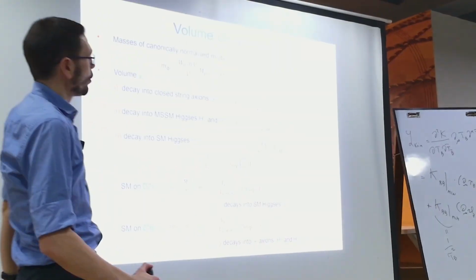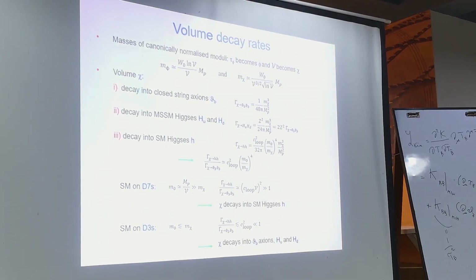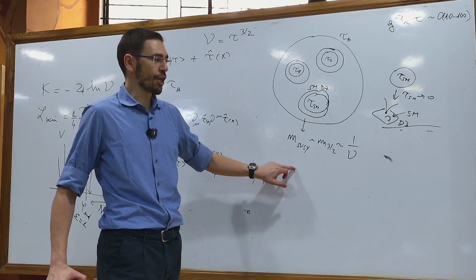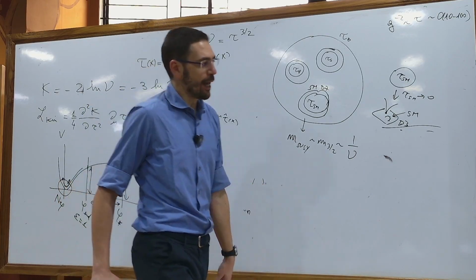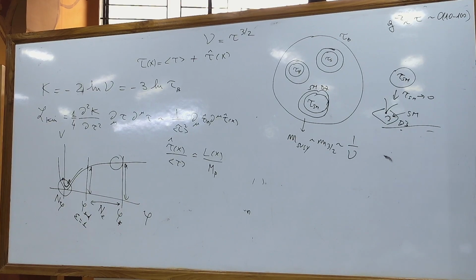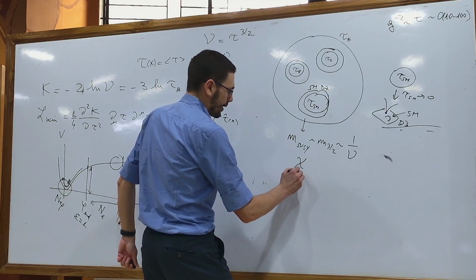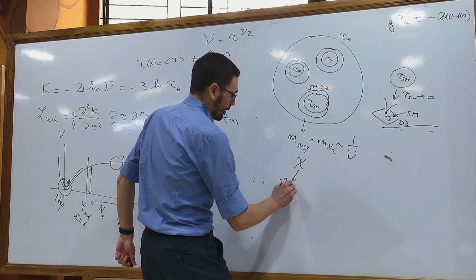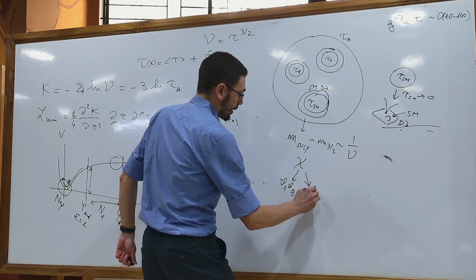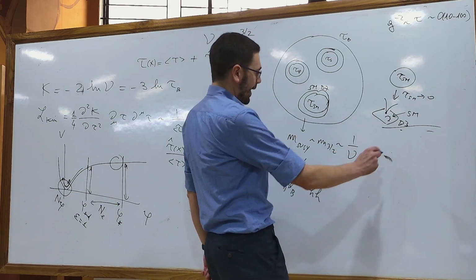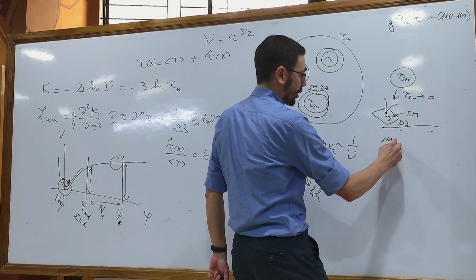chi, whose mass goes like 1 over the volume to the 3/2, is lighter, because of the volume powers, than the supersymmetric particles. Which means that it cannot decay to any supersymmetric particle. It can just decay to the standard model Higgs, and this is what I denoted as little h. So here I have a decay, in this case of chi, into theta big, but it can also decay into the standard model Higgs. In this other situation, instead, there is sequestering, which I mentioned already this morning.